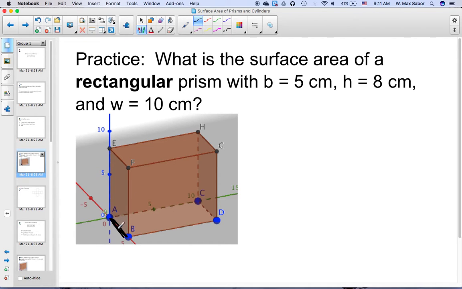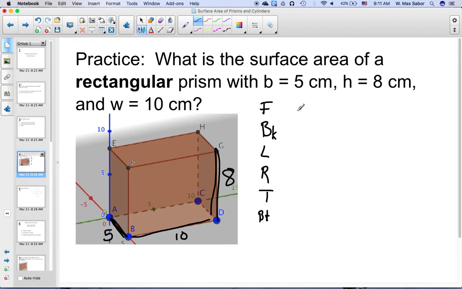So we have, this is 5, that's 10, this is 8. So we have the front, we have the back, we have the left, we have the right, we have the top, and we have the bottom. So the front, I'm going to call this the front, is 8 by 10.